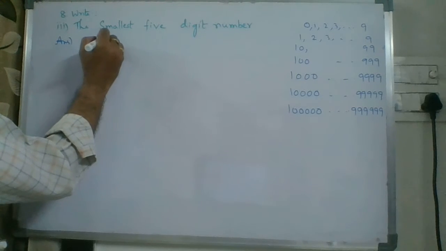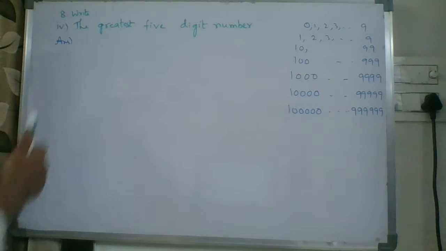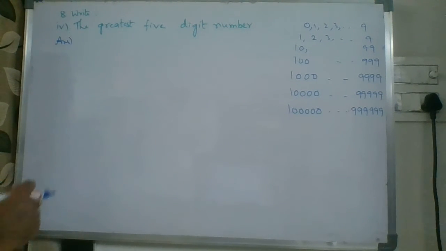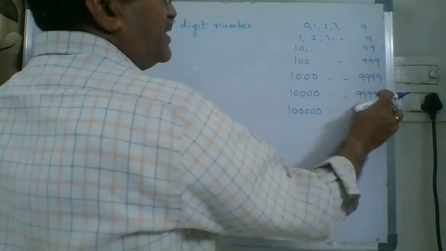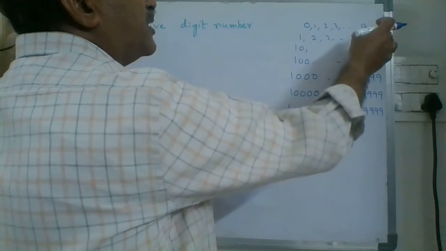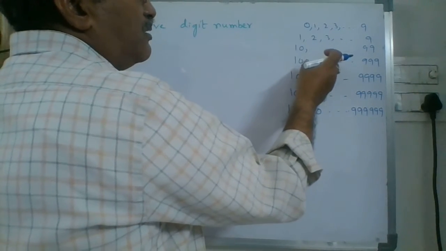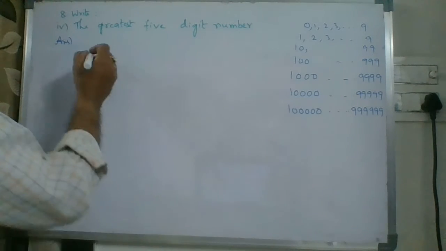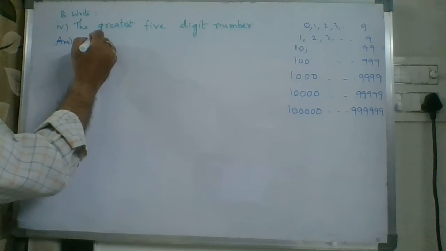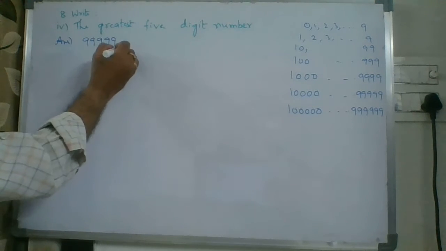So that we write. Now the greatest five-digit number. Greatest five-digit number means all nines. In all the greatest numbers they are all nines only, and in the least numbers, one followed by zeros. So the greatest five-digit number is 99,999. Okay.